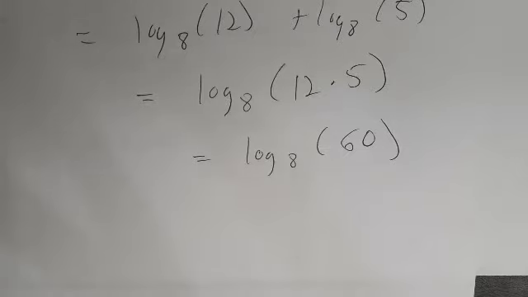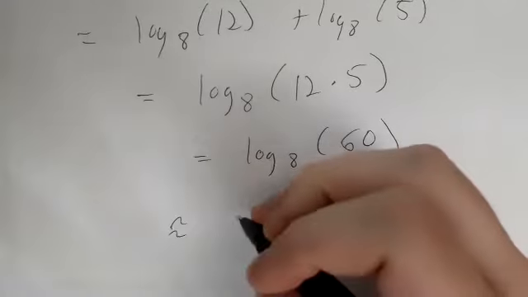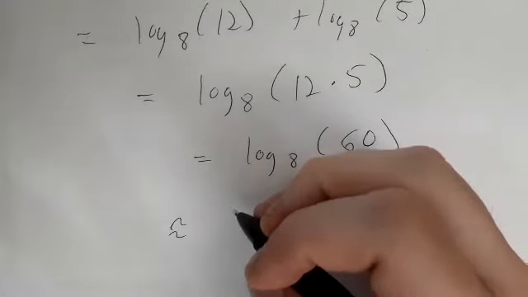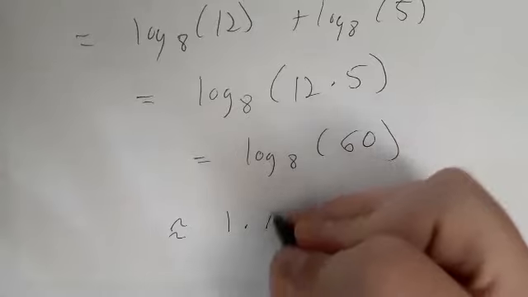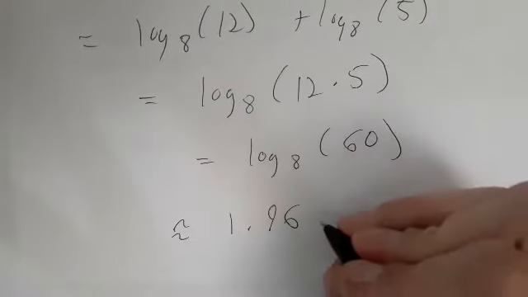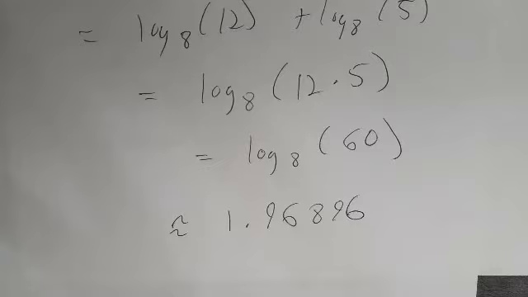And so your calculator might be able to do this without the change of base formula. It may not. But if we want an approximation, I'll give you 4 decimals. Let's do 5 decimals because it's a little bit easier. 1.96896, somewhere in that ballpark is what it should be giving you if you can do this in your calculator. And we'll go over how to do this in just a second.